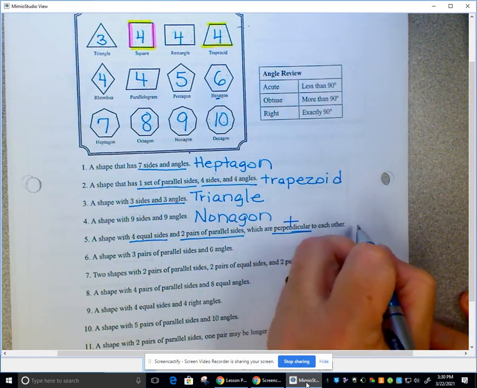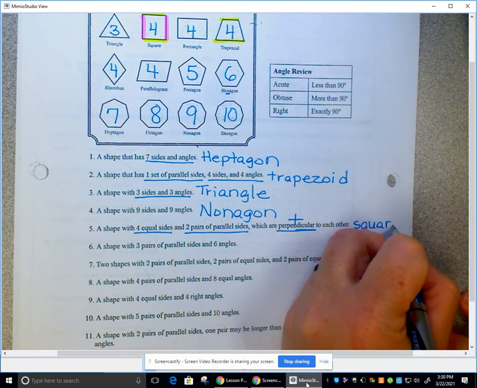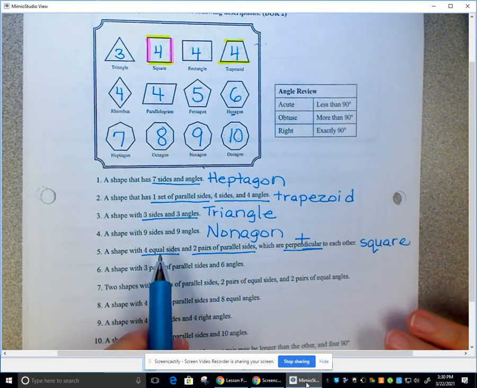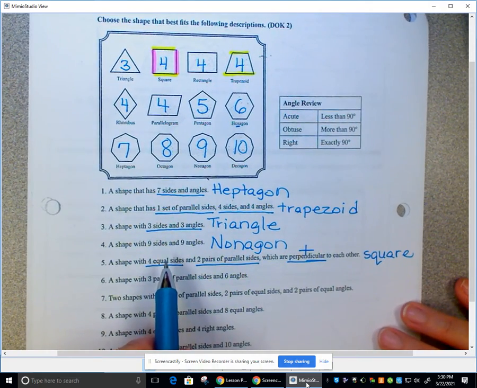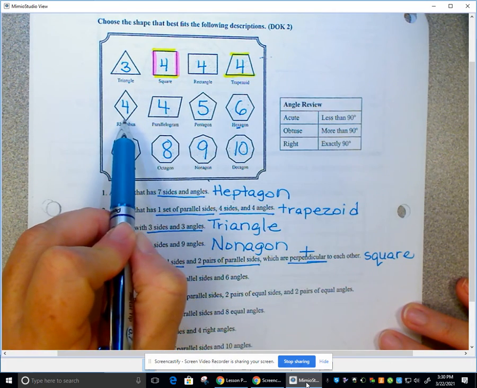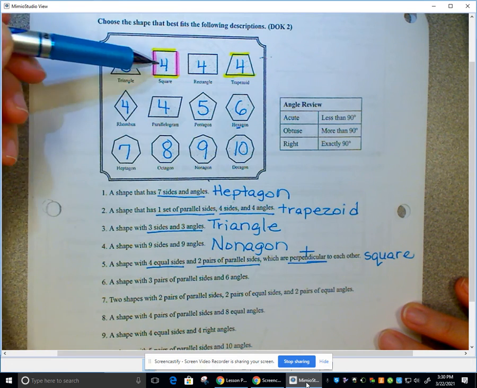And that is going to be a square. The giveaway here is when it tells us it has 4 equal sides. The only quadrilaterals with 4 equal sides are the square and the rhombus. So we know it's going to be one of those.